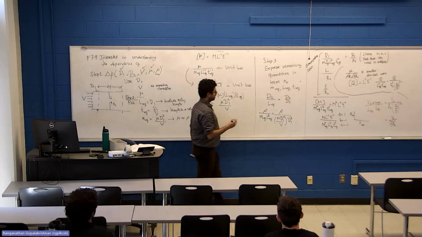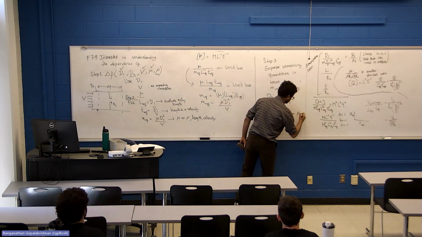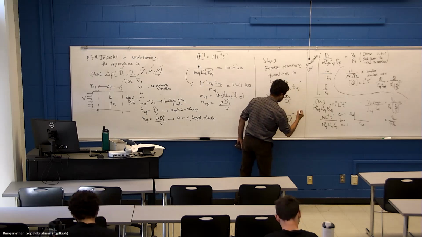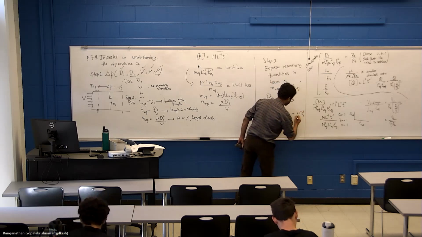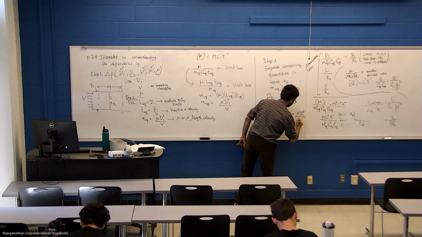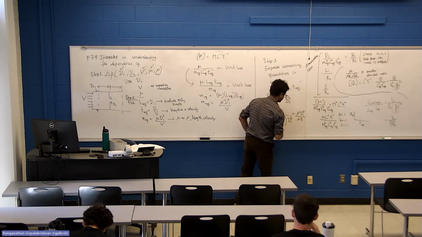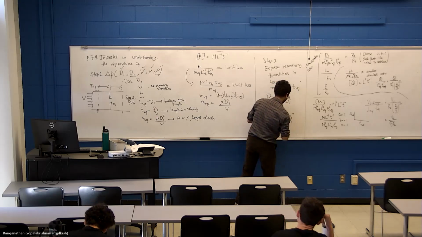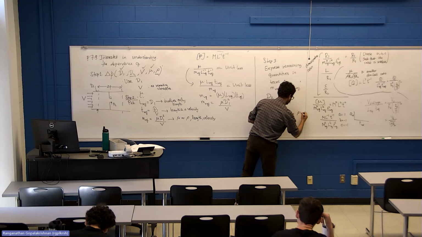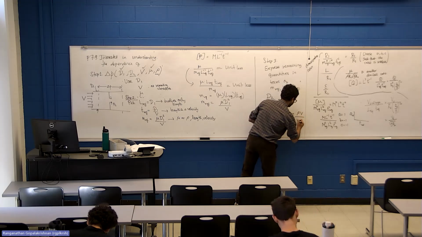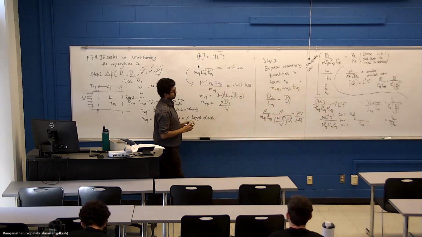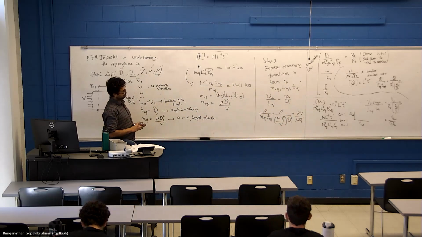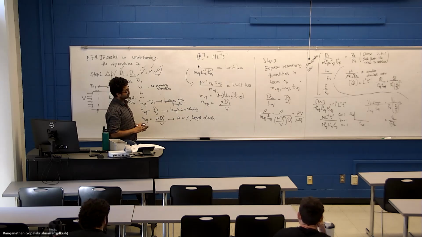So that would be rho D1 cubed divided by mu D1 over V. Correct?